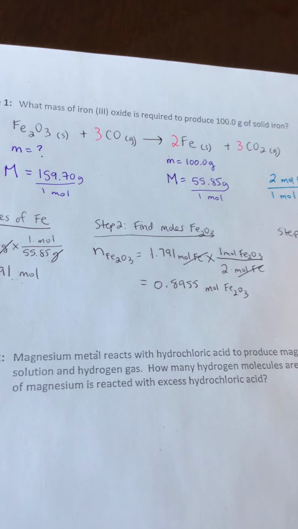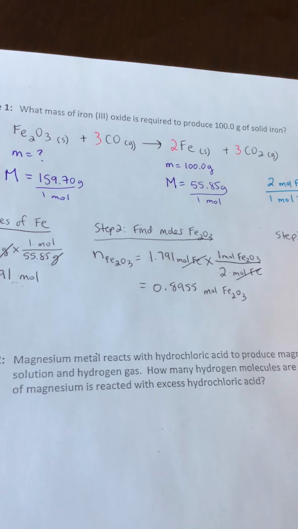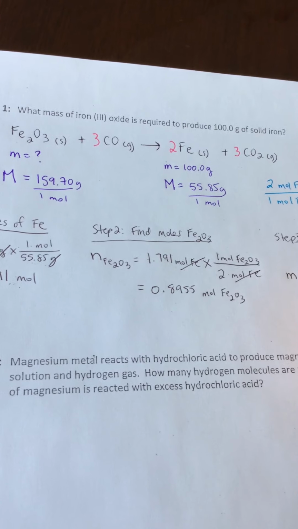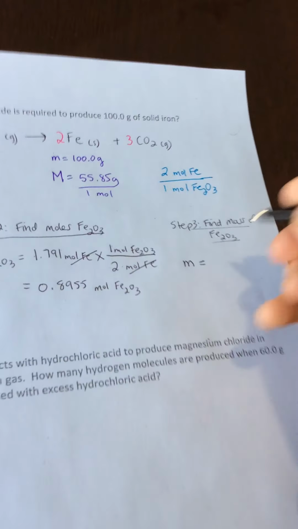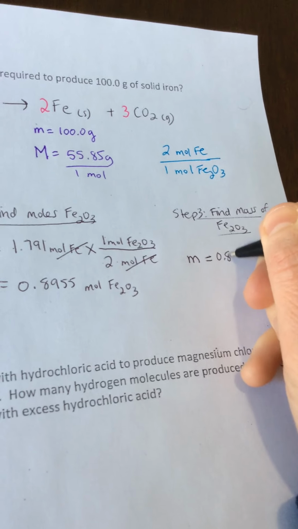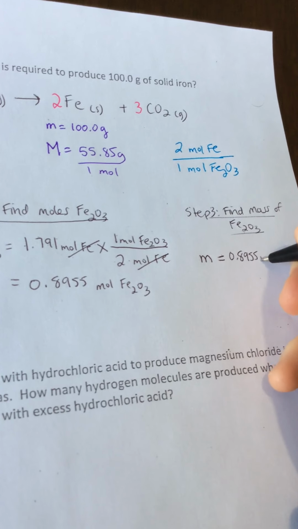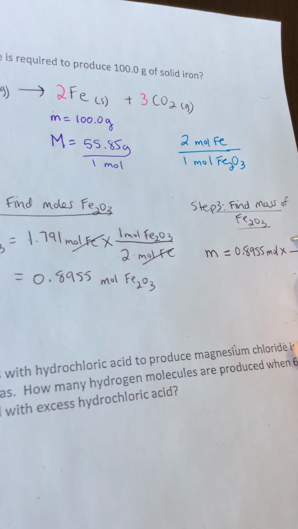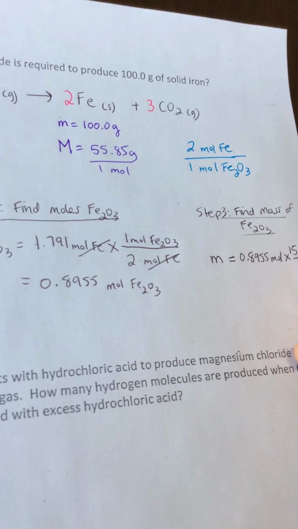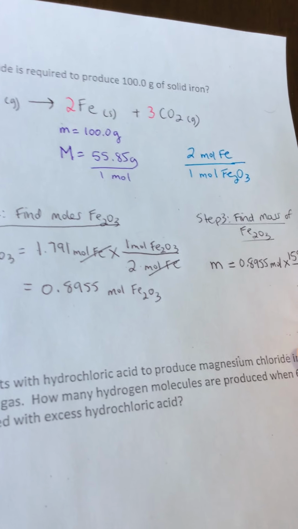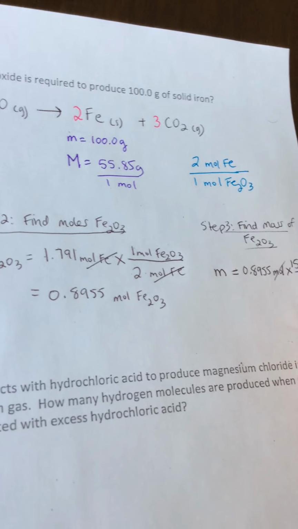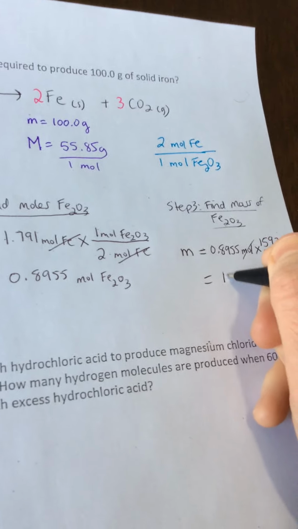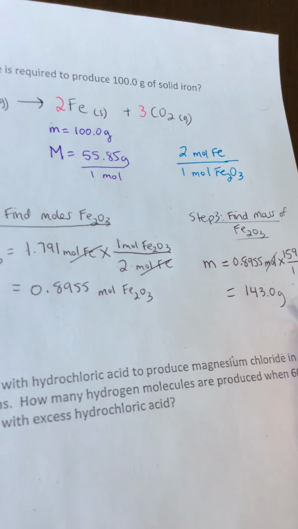You were practicing that last week. So find mass of Fe2O3, little m. So we have 0.8955 moles, and we are going to multiply that by our molar mass of 159.70 grams per every 1 mole. Moles cancels out, and our mass is 143.0 grams.